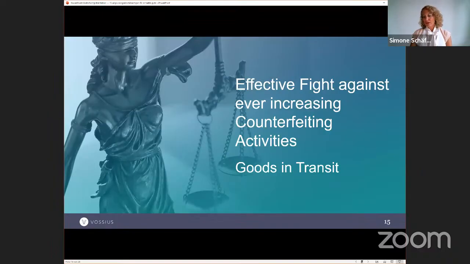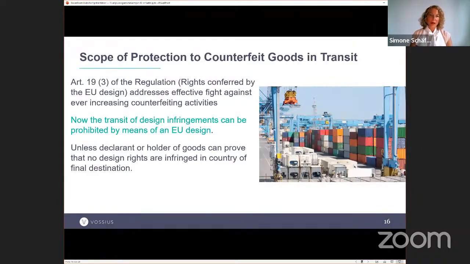And further, the effective fight against the counterfeiting activities also addresses the transit problems. So the EU design regulation will now be adapted to the EU trademark regulation.